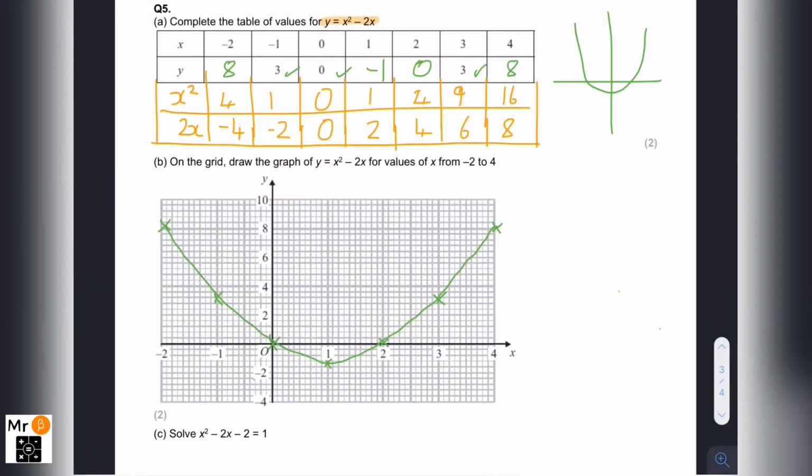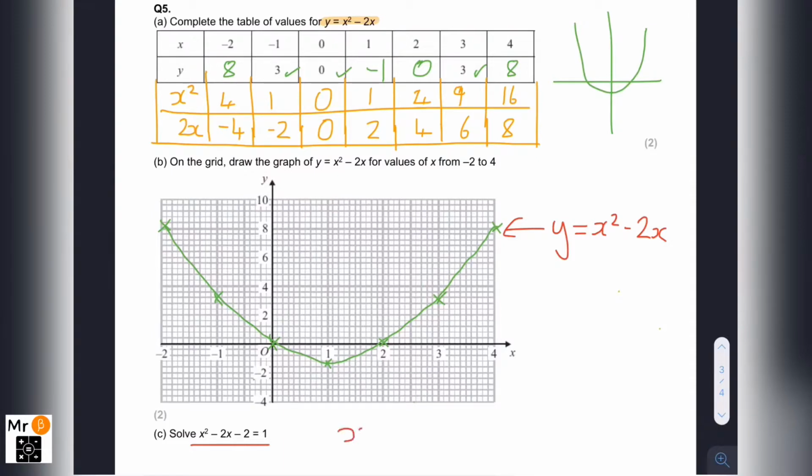So our final part of the question tells you to solve x squared minus 2x minus 2 is equal to 1. Well, we know on this graph we have got y is equal to x squared minus 2x. So I want to make this part C look like that equation.